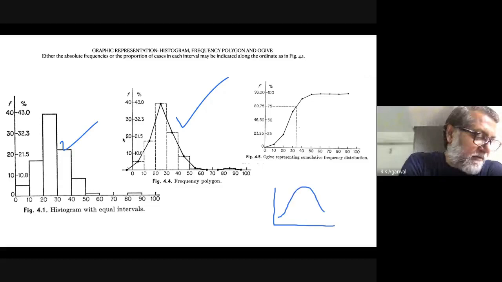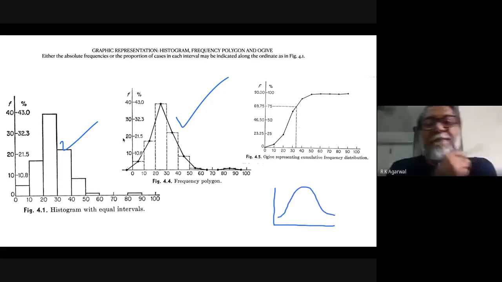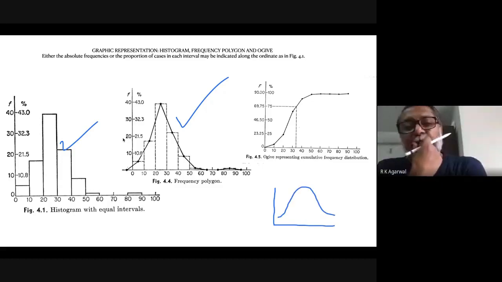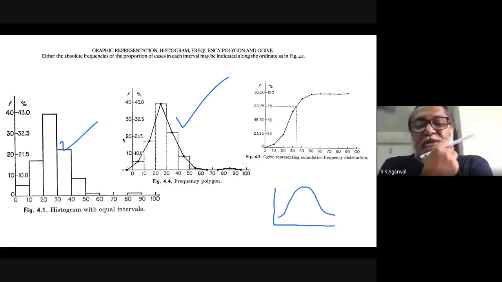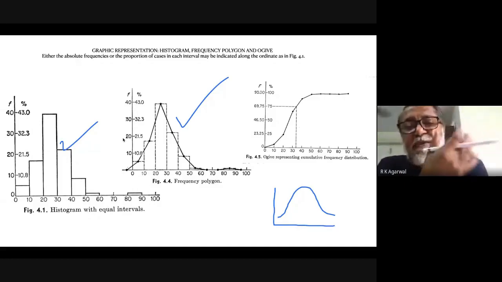You have obtained something like a bell-shaped curve, isn't it? Yes, sir. So the moment you know that something is bell-shaped, then it conveys something. Of course, we have not yet discussed what are the characteristics of a bell-shaped curve, which is also called the normal curve.